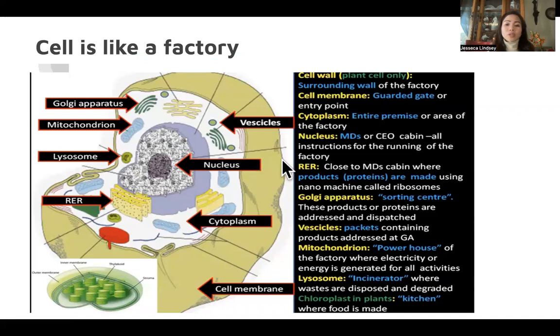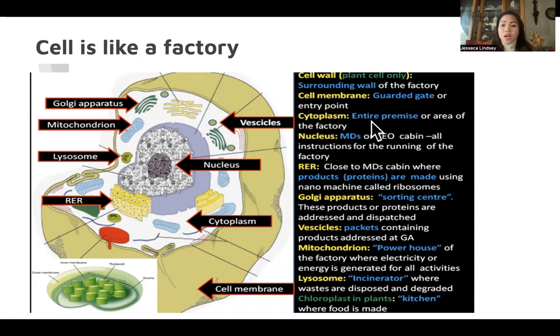The nucleus is like a CEO in the cabin with all the instructions for the running of the factory. It's like a manager that dictates to every organelle, or every worker, what to work on and to function right.